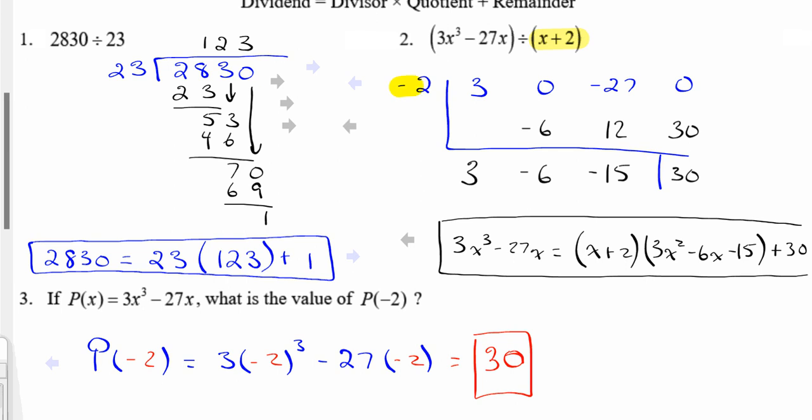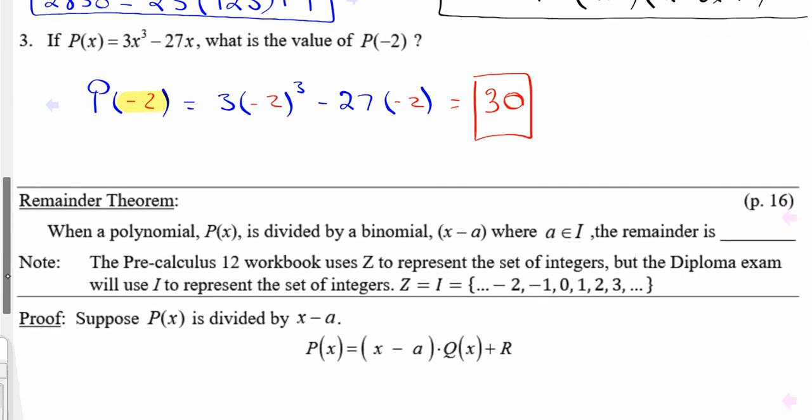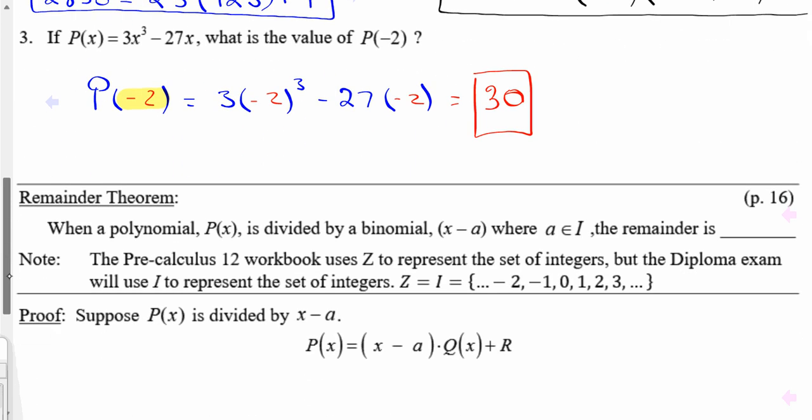So then we use that -2 here. That -2 is what I can plug in my polynomial in place of the x's, and if I do that, the result that I get is the remainder. Happens every single time. So maybe this is the one we're going to prove.